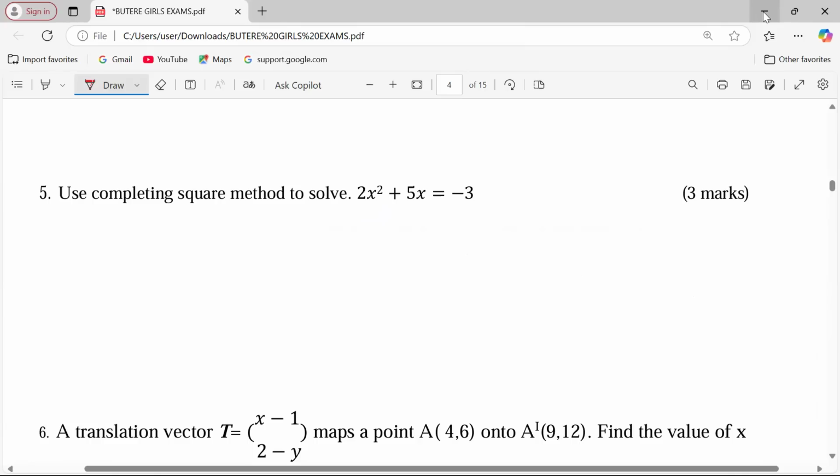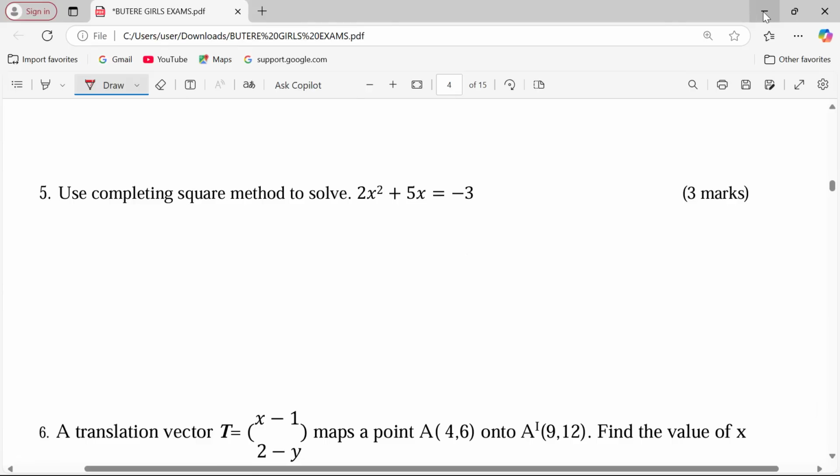I must mention this to you, that quadratic equations will be applied either as word problems or directly in a question like this. So it's good for you to be equipped with the 3 methods of solving a quadratic equation, because the question can be open. You can be told to solve the following quadratic equation.